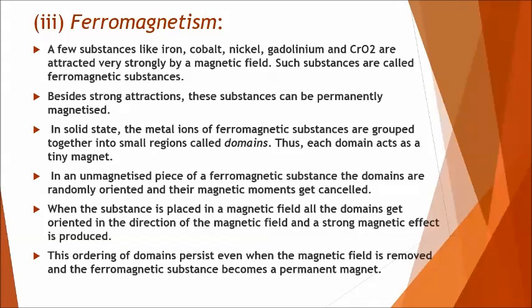This ordering of domains persists even when the magnetic field is removed and the ferromagnetic substance becomes a permanent magnet. So there is an alignment to show ferromagnetism, where all the domains are parallel to the magnetic field, in an orderly manner.